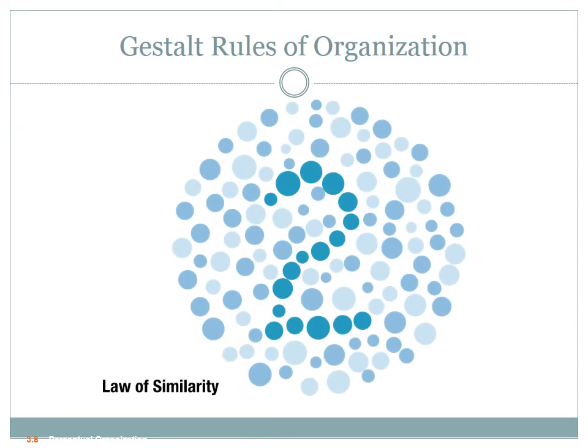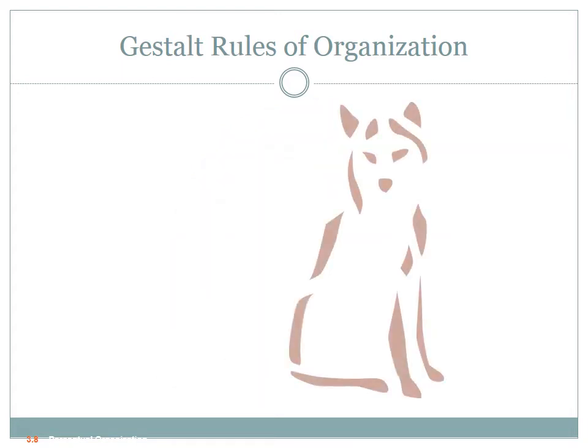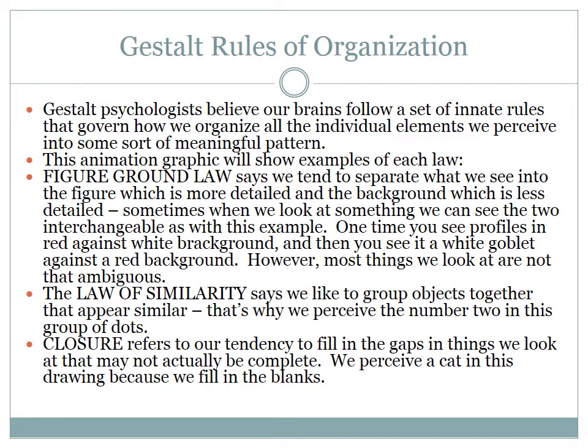And you can see the two there. And there's also closure, where they've got the lines there and the cat. But Gestalt psychologists believe that our brains follow a set of innate rules that govern how we organize all the individual elements we perceive into some sort of meaningful pattern.